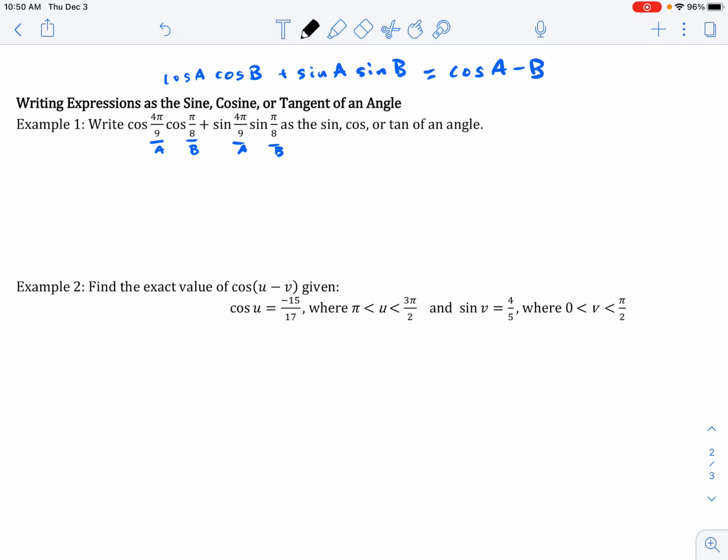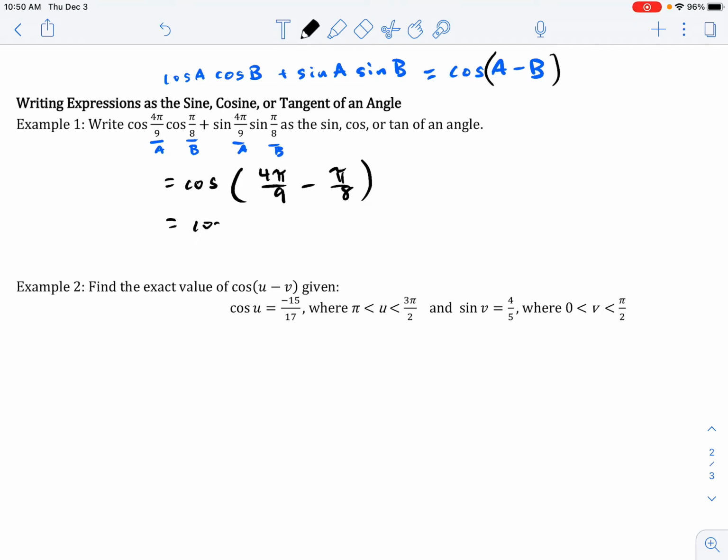So if we want to rewrite this, if we know that this is just simply cosine of A minus B, I should probably put parentheses around that, then we write this as cosine of 4 pi over 9, which is our A, minus pi over 8, which is our B. And we just need to subtract those two fractions now.